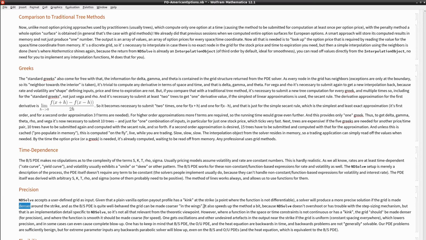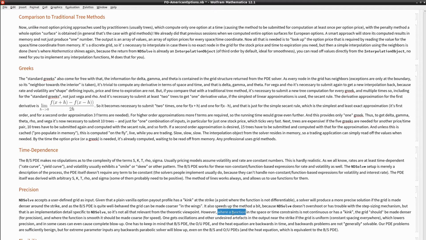If we can use a coarser method further out, in the wings as traders call it, it also speeds up the method a bit, because AndySolve doesn't overshoot or have trouble with the step sizing mechanisms in that case. That's an implementation specific detail for AndySolve, but still we have to make sure we are really dense at the strike, but we can be very coarse in the wings so that we somewhat make up for the time that we lose by having a dense grid at the strike.